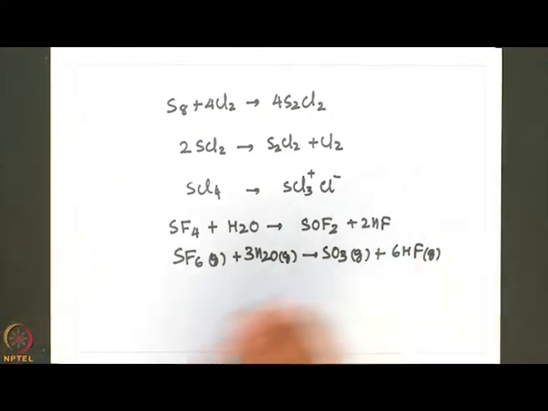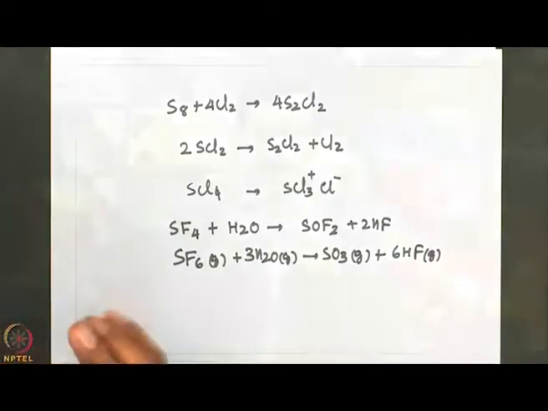Okay. So, SF6 is kinetically inert because it is coordinatively saturated, having 6 coordination number, having octahedral geometry. However, under drastic conditions it undergoes hydrolysis and SF bonds can be broken. Under normal circumstances SF6 is stable.